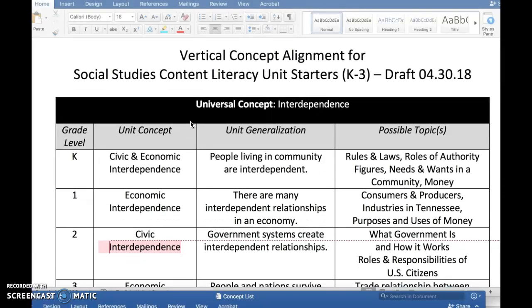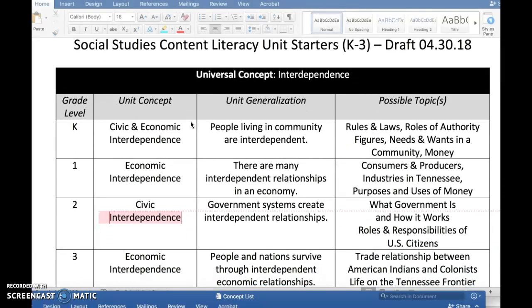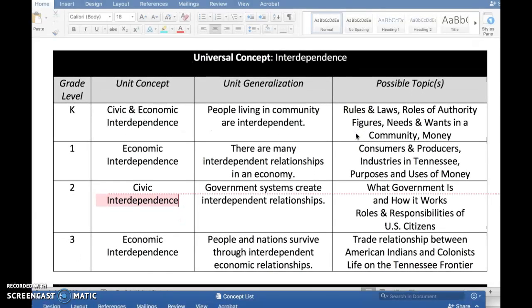The first one that I did was interdependence, and I went with the idea that the content framework that I had already drafted might be used, focused on economics: needs, wants, consumers, producers, etc. In these charts I have the grade level, the unit concept that could maybe be refined a little bit, the unit generalization that's related to that unit concept, and then some possible topics that would fit under this unit concept.